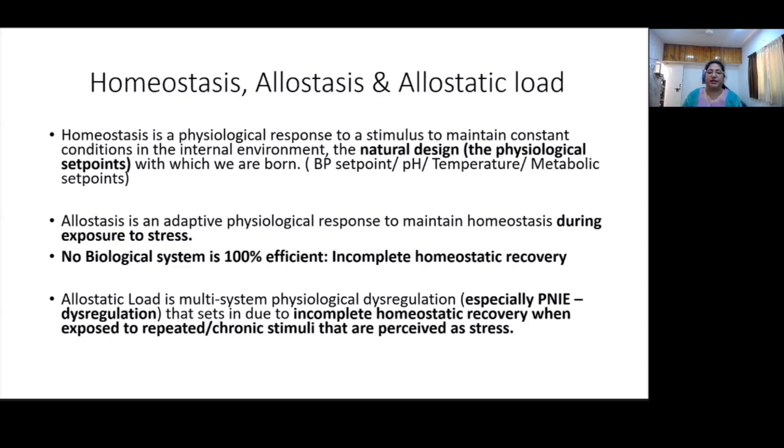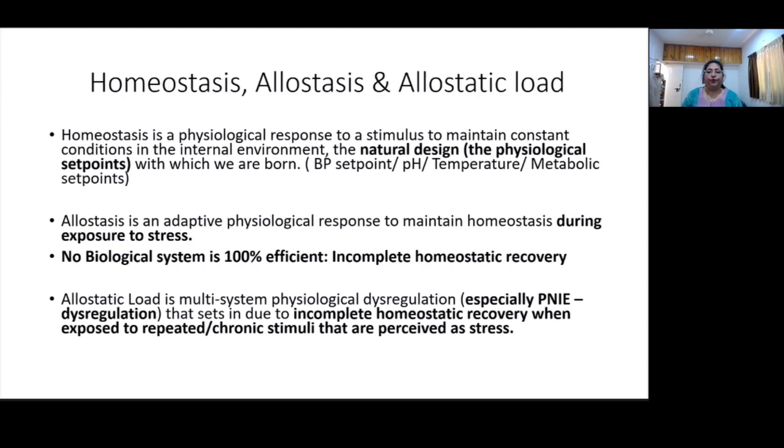And allostasis is basically an adaptive physiological response to maintain homeostasis whenever the body is exposed to stressful stimuli. So you can call allostasis an extension of homeostasis, where the stimulus is perceived as stressful and then the body responds to it.